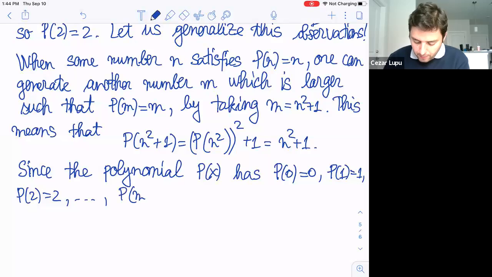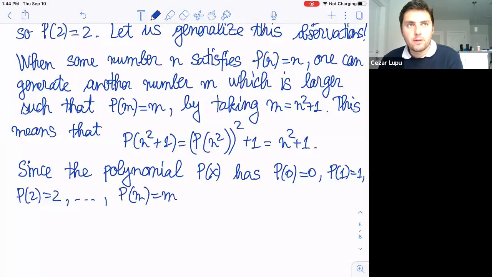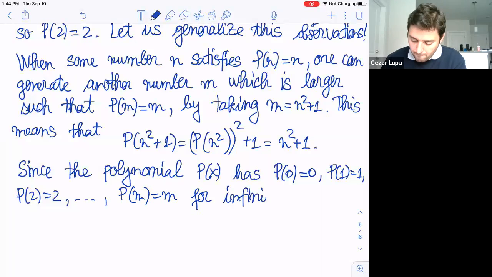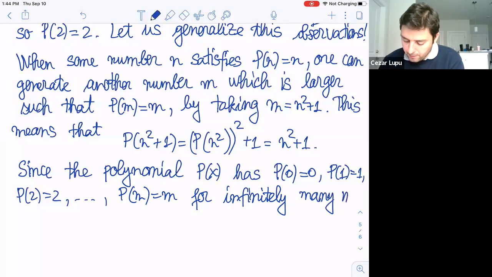P of m is m. And this holds true for infinitely many m's, because you can take n squared plus 1 and keep going. So there are infinitely many m's for which P of m is m, or P of n is n, whatever you want to say.